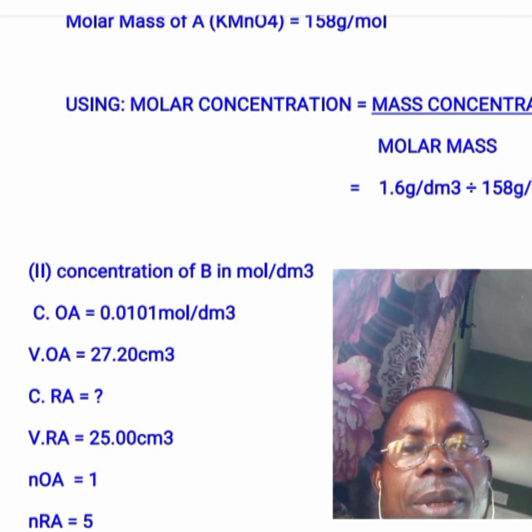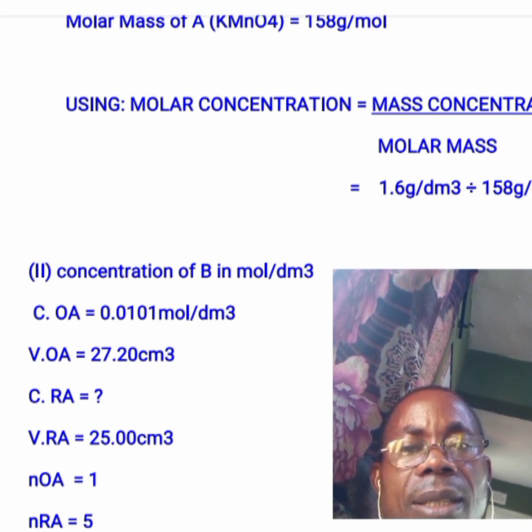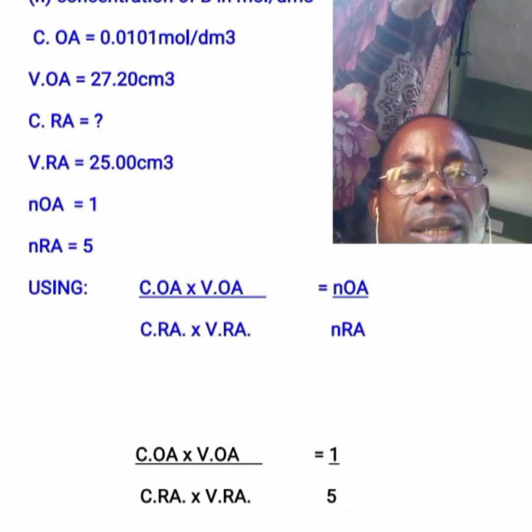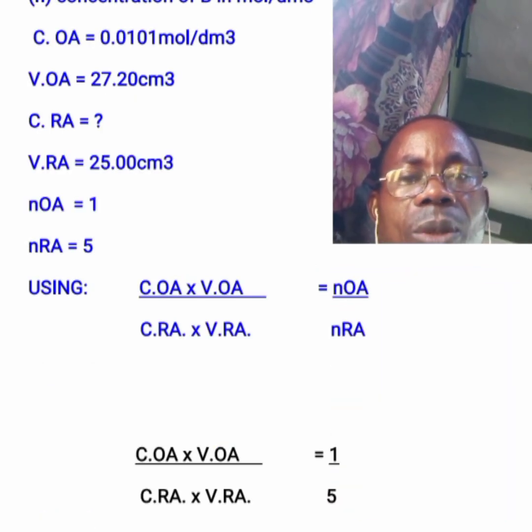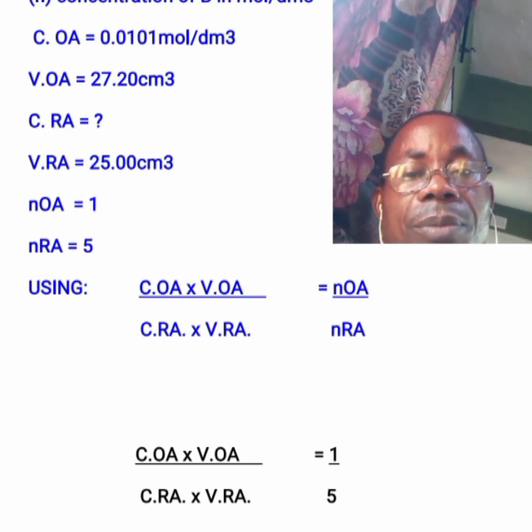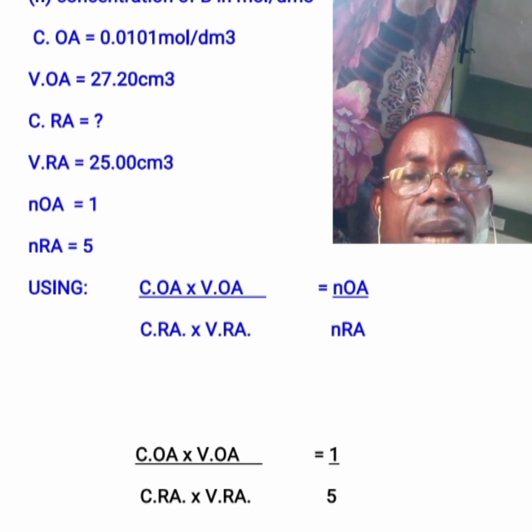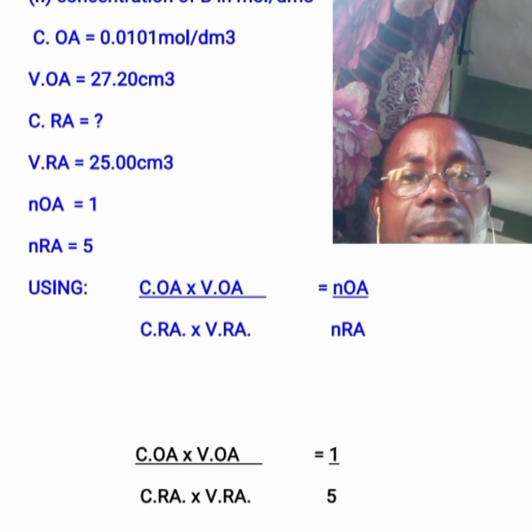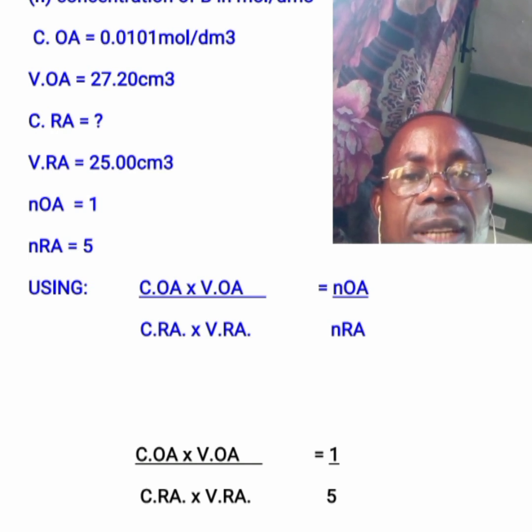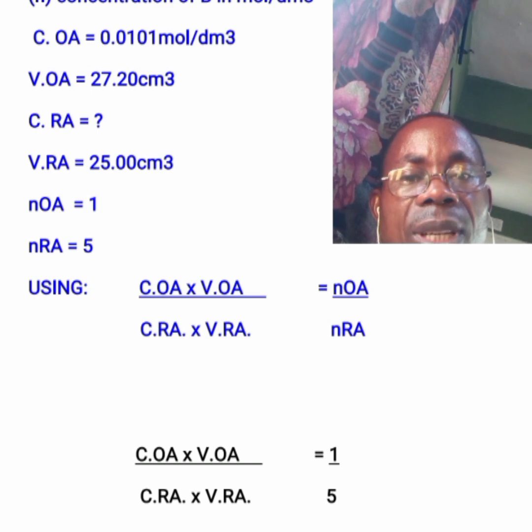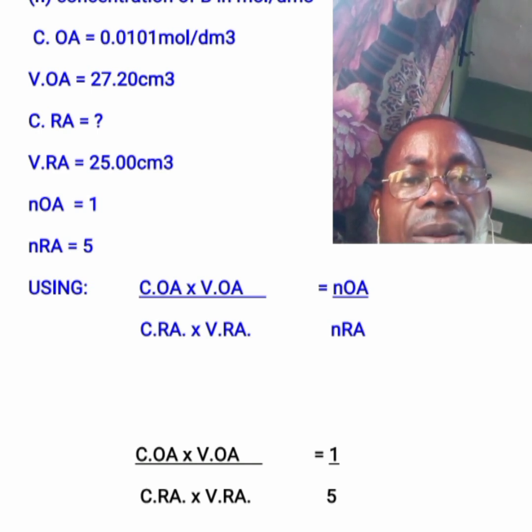We have the formula CAVA over CBVB equals NA over NB. But since this is a redox titration, we swap those terms in the expression. So we write COA times VOA divided by CRA times VRA equals NOA over NRA.